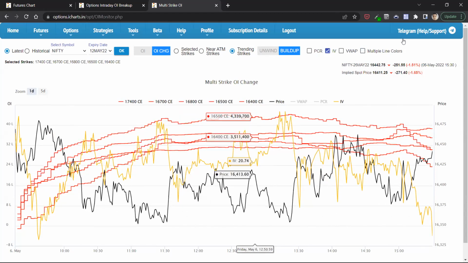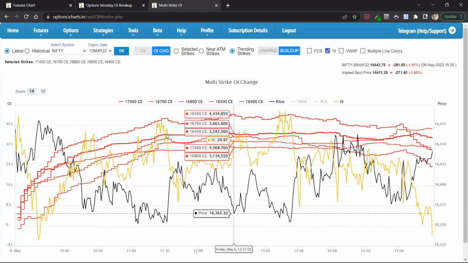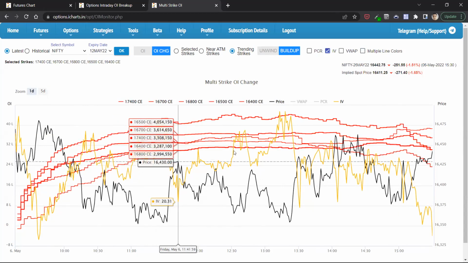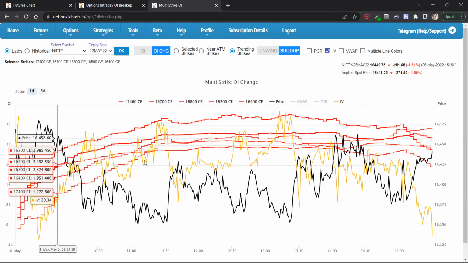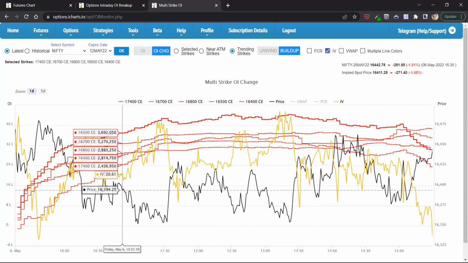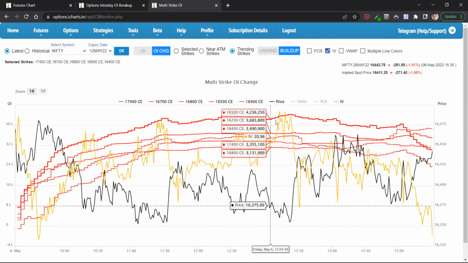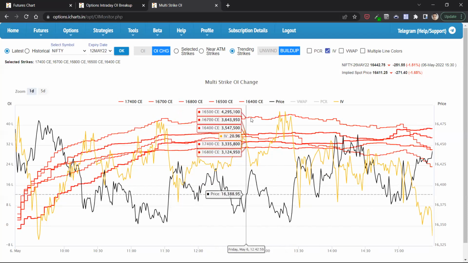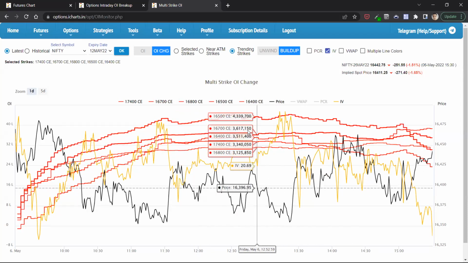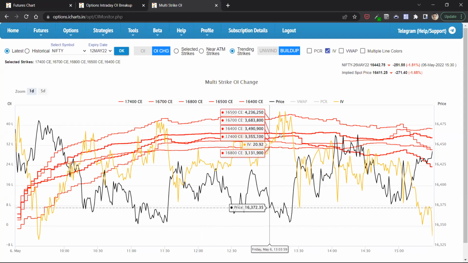So if you uncheck this multiple line colors, it will tell you if the overall indication is sideways. On this day, there was a big gap down on Friday, so it's overall negative. But on other days, if it is sideways, then you would get a mix of red and green, say maybe 2 or 3 reds and 2 greens.